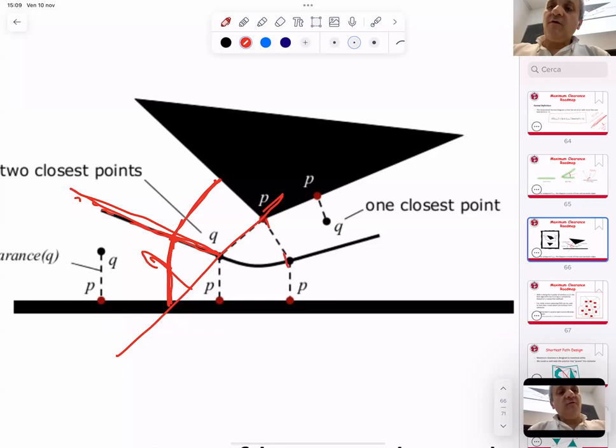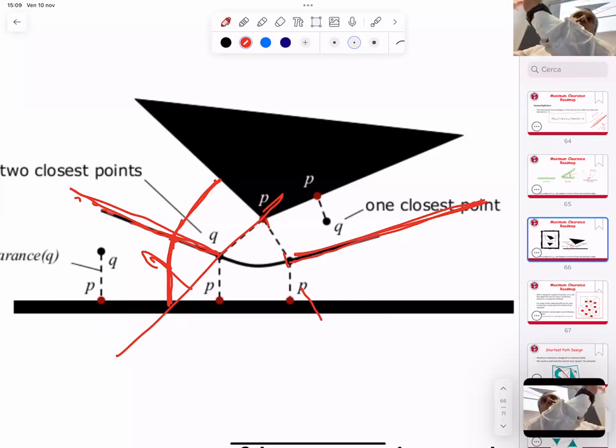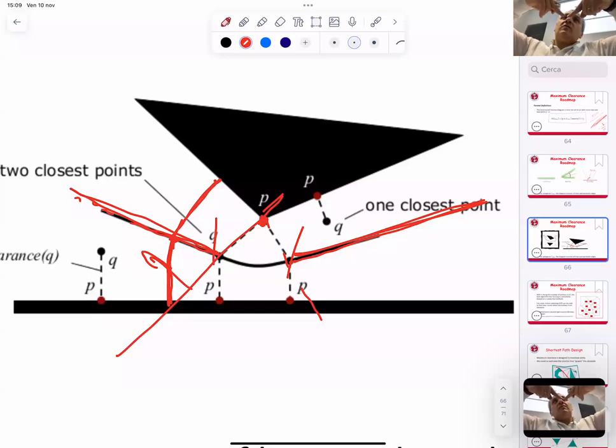Likewise, if you move far enough from this point, you have here another situation, edge. In this area in between, the closest points that you can find in the obstacle area are the vertex that is associated with these two edges and this line here.